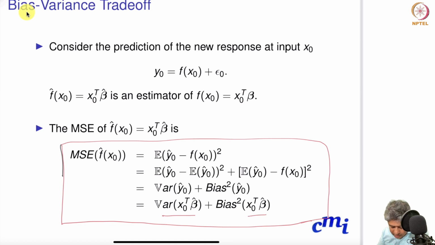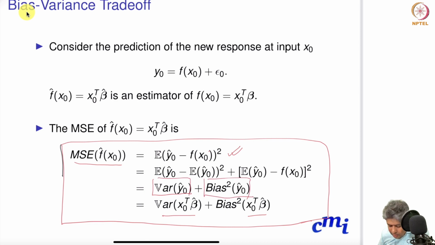The definition of the mean square error of f hat x naught is y naught hat minus f of x naught, whole square, and with a little bit of algebra, you can show that this is equal to the variance of y naught hat plus bias square.